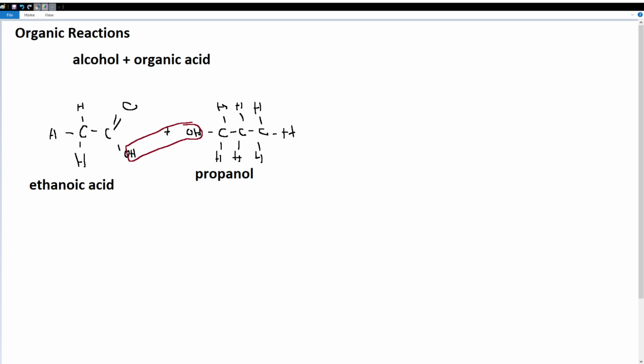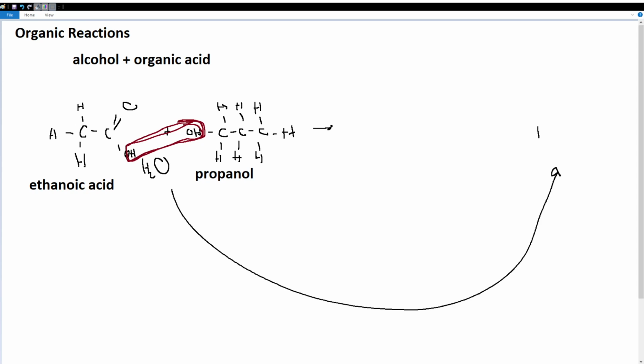But in this case, you only have one alcohol to take it from, so you must take it from this alcohol. And you take the hydrogen from the organic acid. So this leaves you with H2O as a product again, which is why I say that this is also a form of condensation. So that's one of the products, H2O.